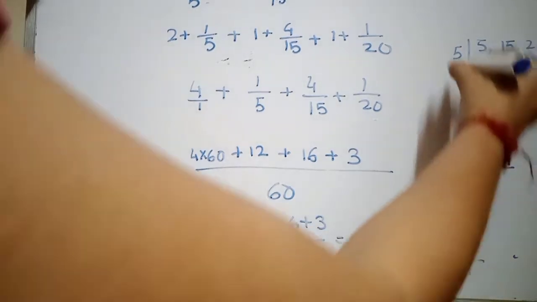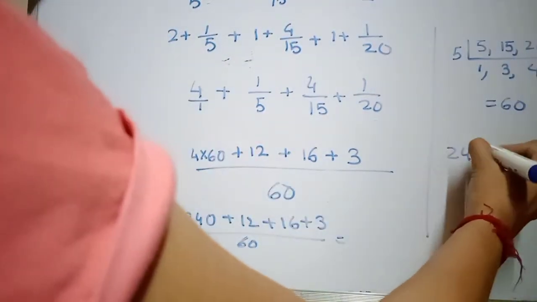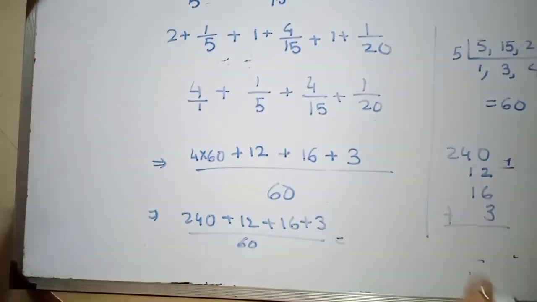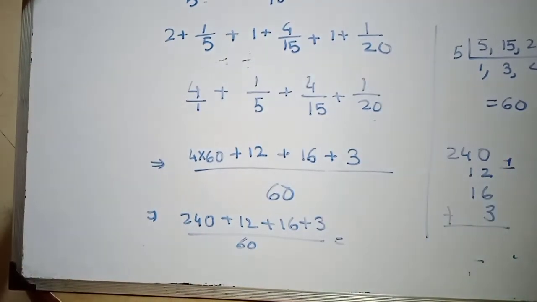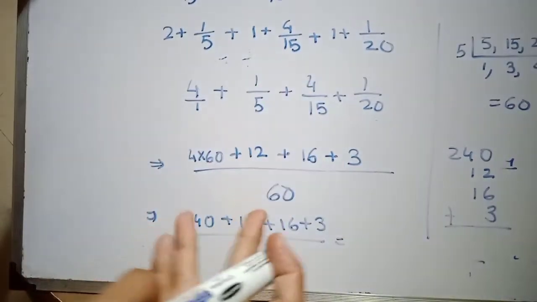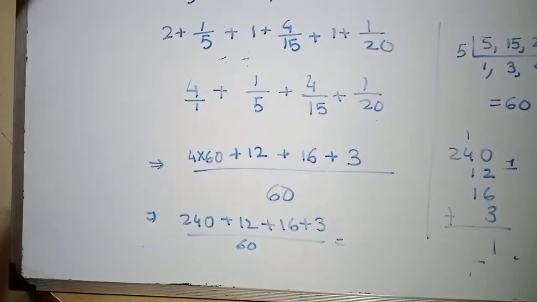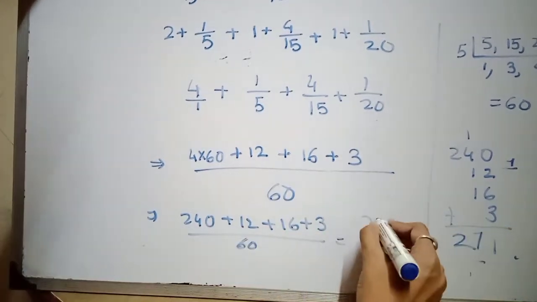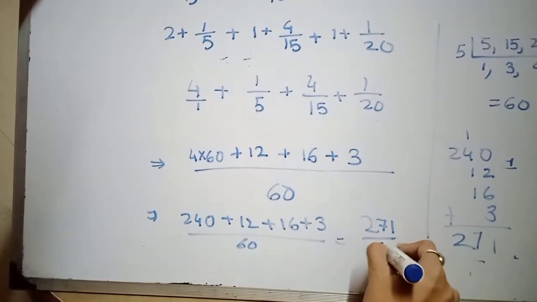Now we will add them using this rough work. 6 plus 2 is 8, 8 plus 3 is 11, 1 carry over, 4 plus 1 is 5, 6, 7 divided by 2. So I get here 271 divided by 60.